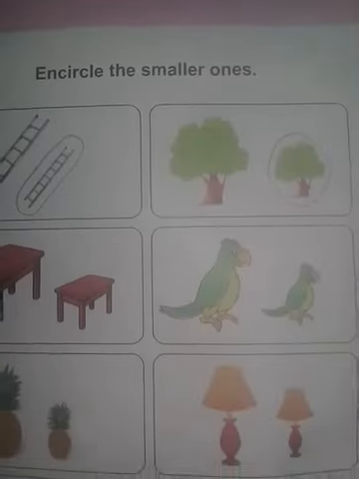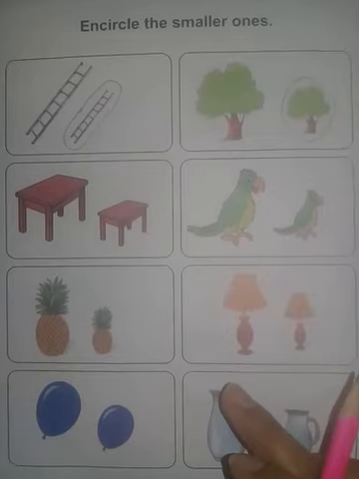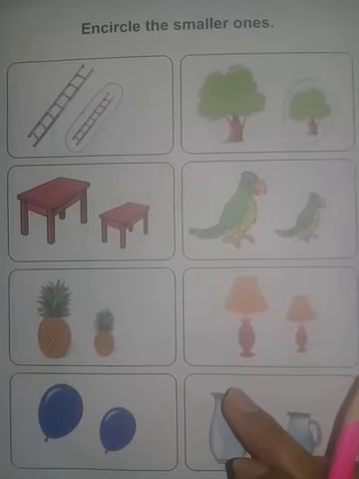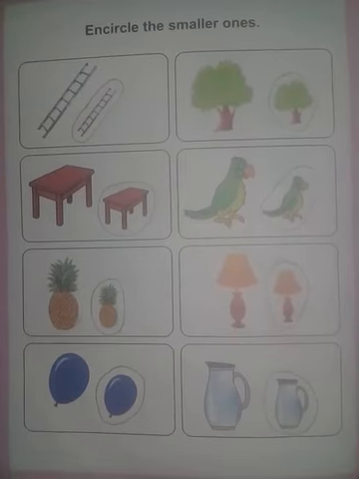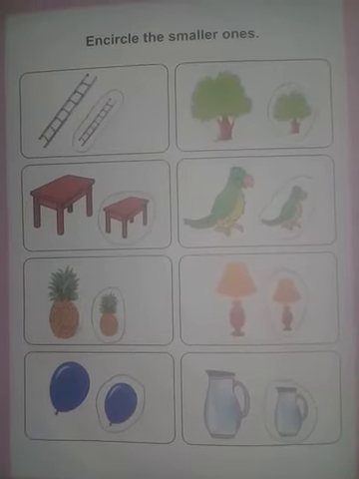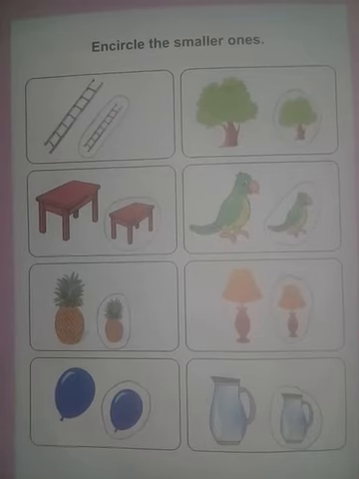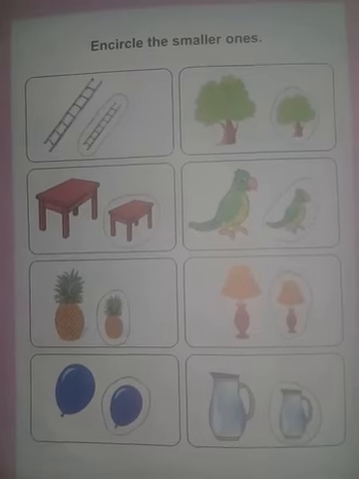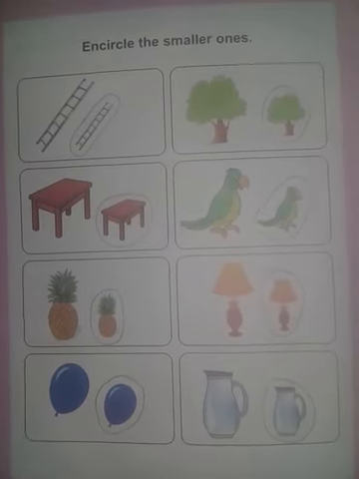And children, in the same way, for the rest of the things, I will encircle the smaller ones. So children, according to the question, I have encircled the smaller things. Children, I hope that you will look at the things carefully and you will encircle the smaller things very neatly.